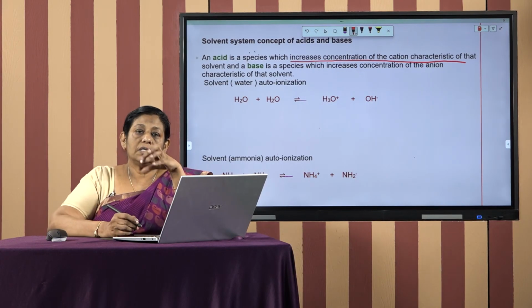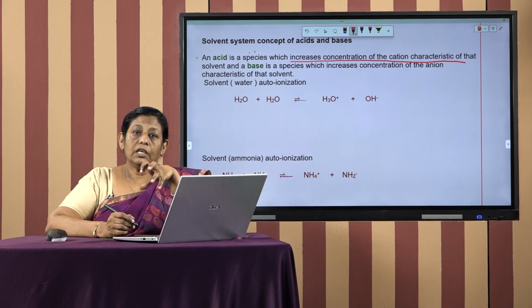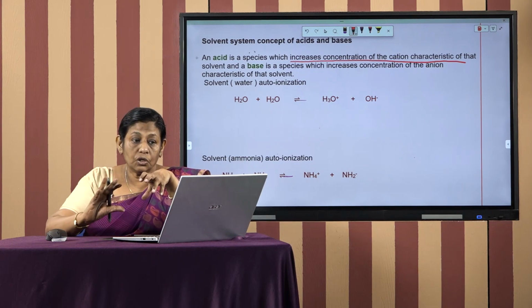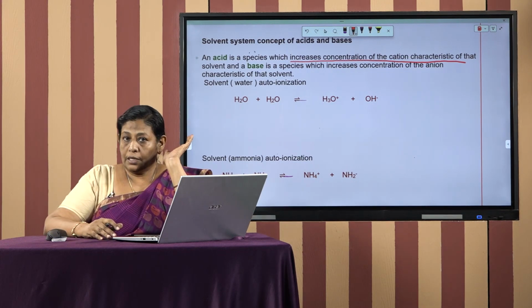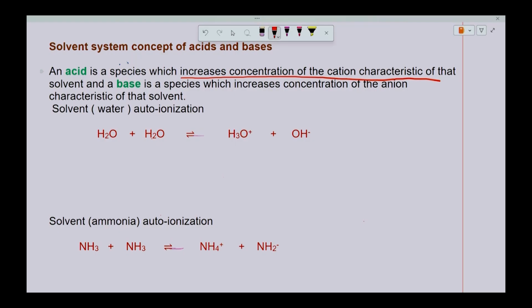If you add something to a solvent and if that solvent's cation concentration is increasing, you can call that an acid. Instead, if we add a substance and we find that there is an increase in concentration of the anion characteristic of that solvent, we call that a base. It is very important, it should be characteristic of that solvent.